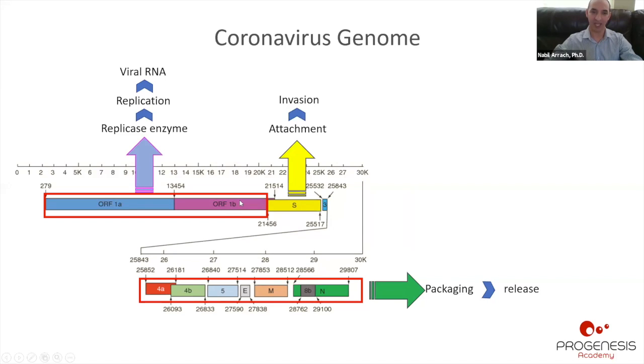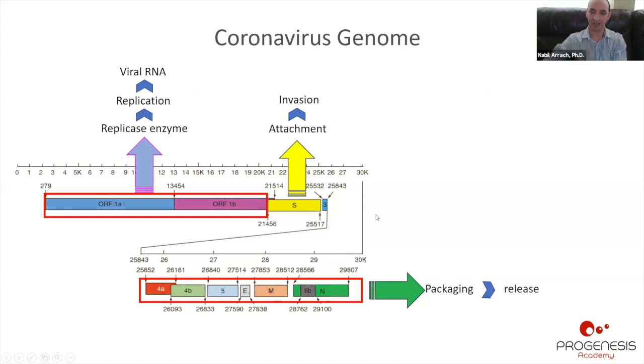So first you have the first open reading frame translated into a replicase enzyme that will take care of the rest of the genome. Very interesting way of infection. Now the last part, the 3' end, encodes for all the enzymes required for packaging and release. And that's the genome of coronavirus SARS-CoV-2.